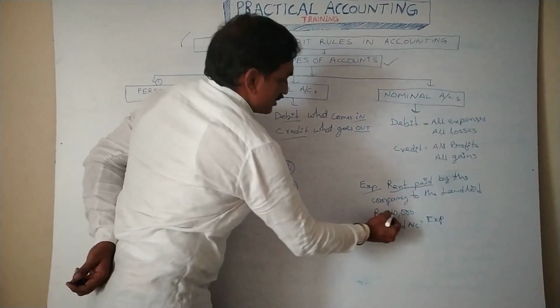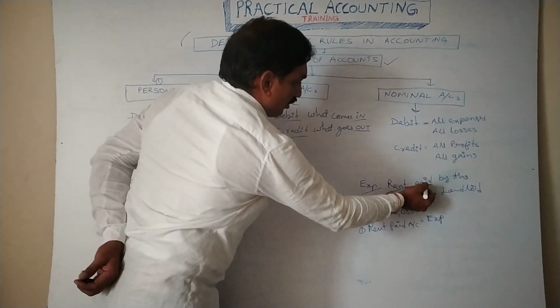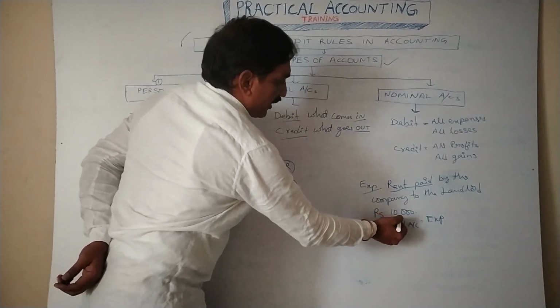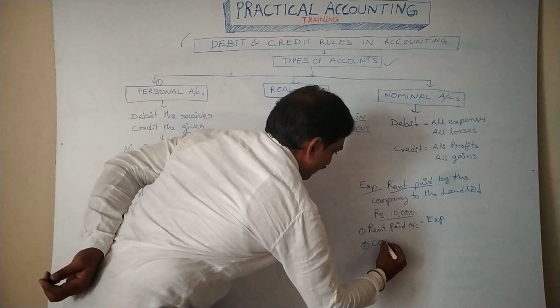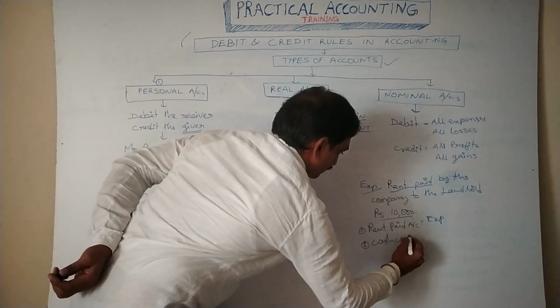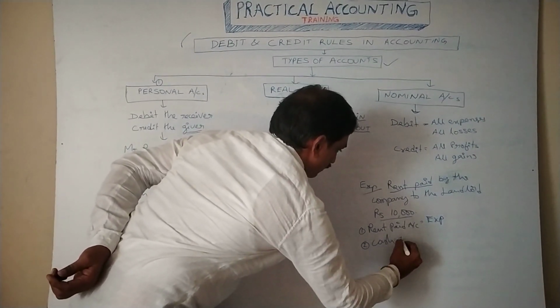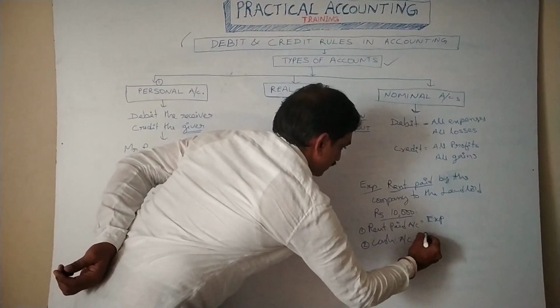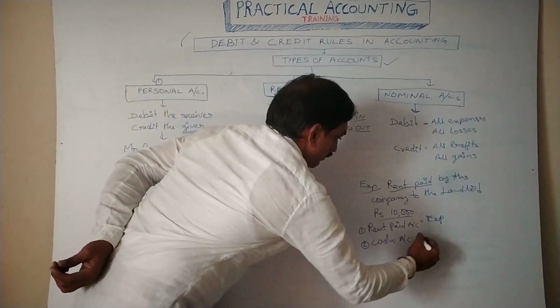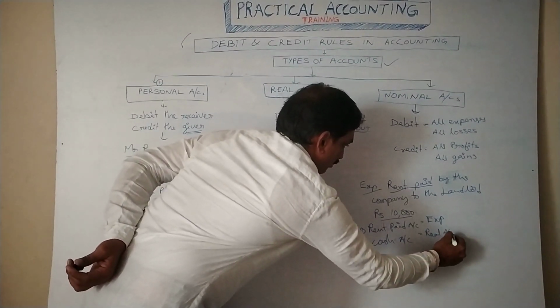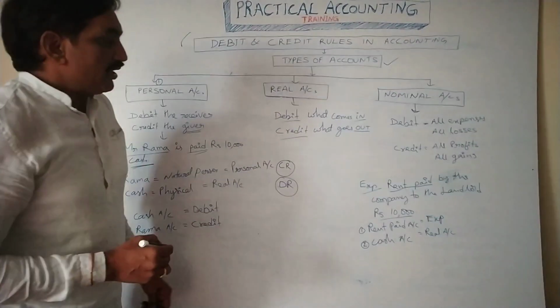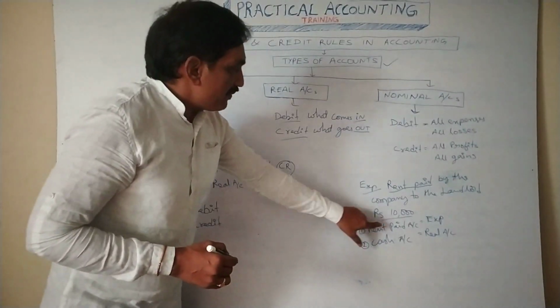And another one: what is the transaction? Paid 10,000. It means we are paying in cash only. Another one is cash. This is physical form, and we know that it is a real account.